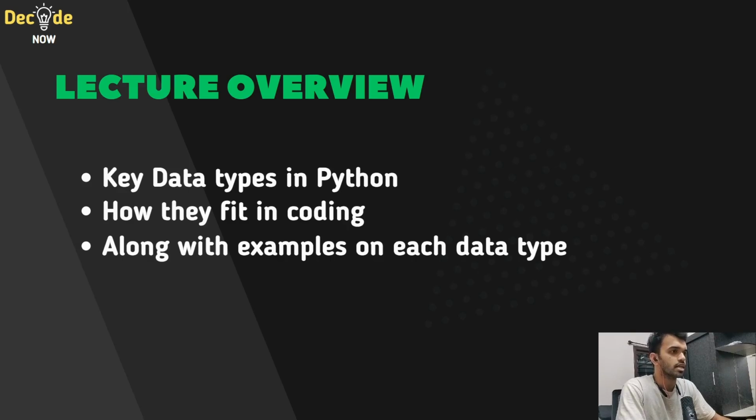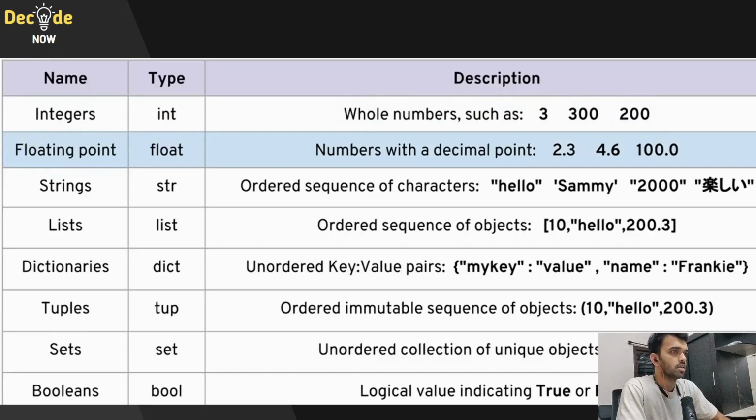Coming to the next slide, we have a table having three columns: name, type, and description. On the left hand side, we have the names of different data types and data structures that we'll be using in Python. The second column is type. Here, type is a short keyword that Python refers to for the data types and structures.